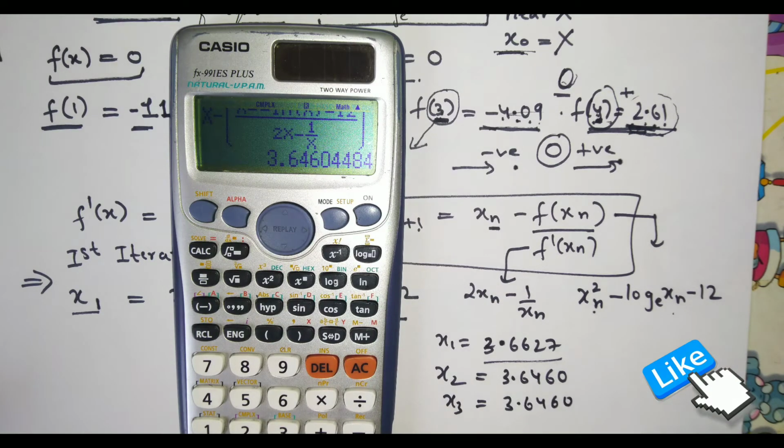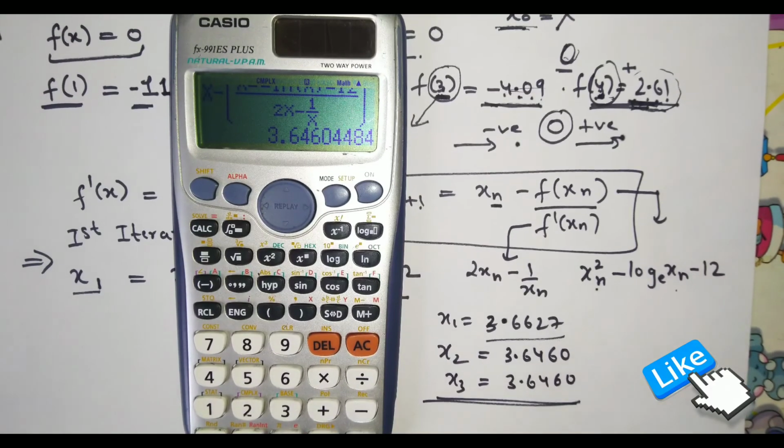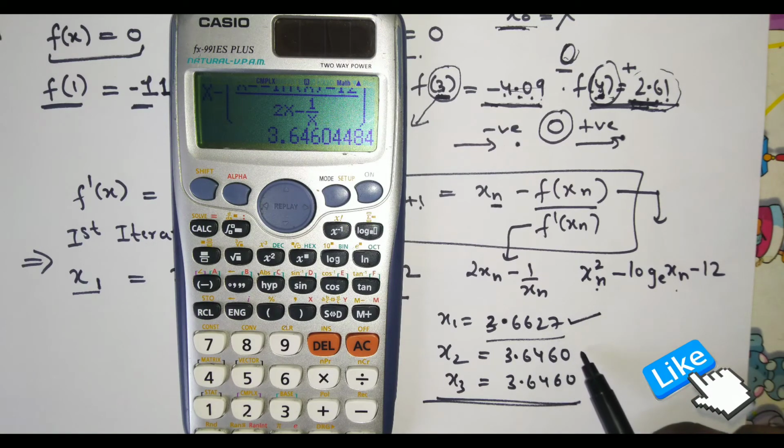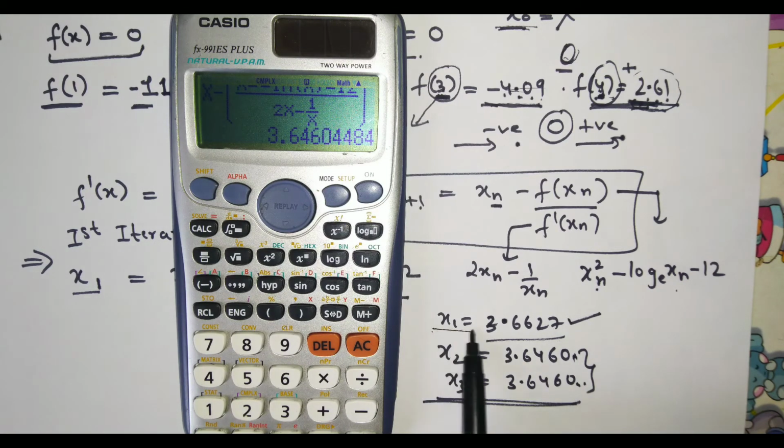3.6460. Okay, so I can stop here, because observe, the x1 value is different, but the x2 and x3 values are equal. The first iteration is with n equal to 0, the second iteration n equal to 1, the third iteration n equal to 2.